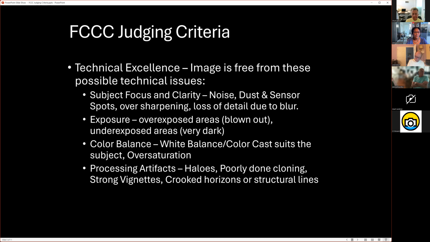Color balance: white balance with color cast that suits the subject, or oversaturation. Process and artifacts: halos, poorly done cloning, strong vignettes, crooked horizons, or structural lines. And that is the judging criteria.